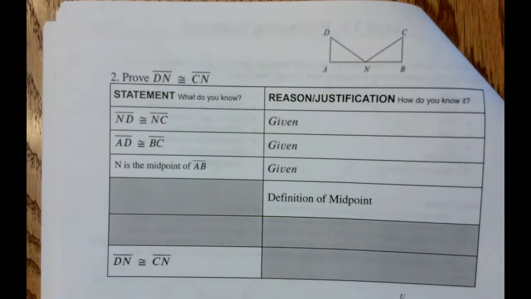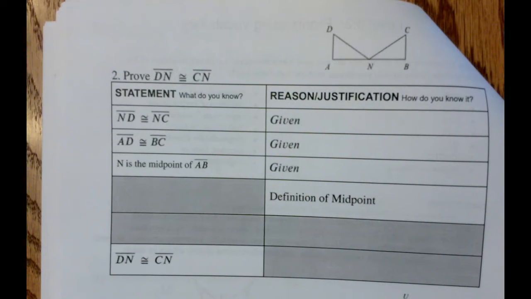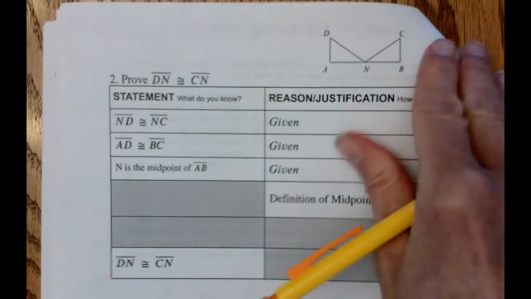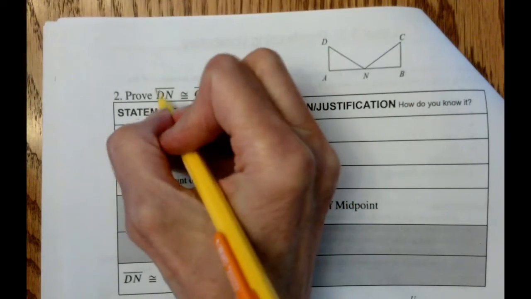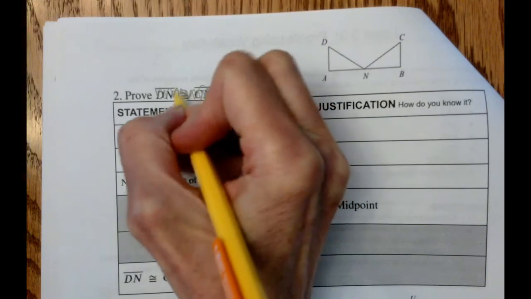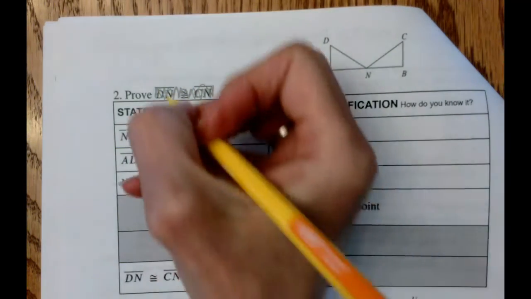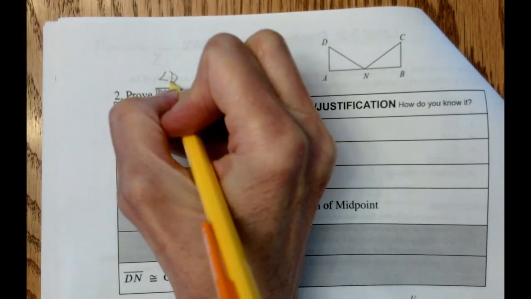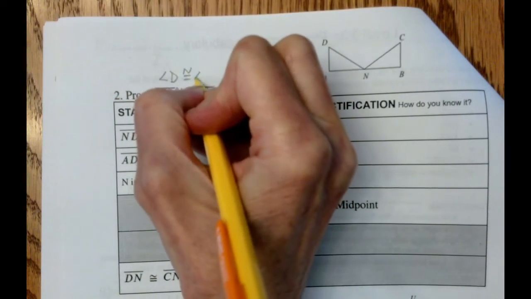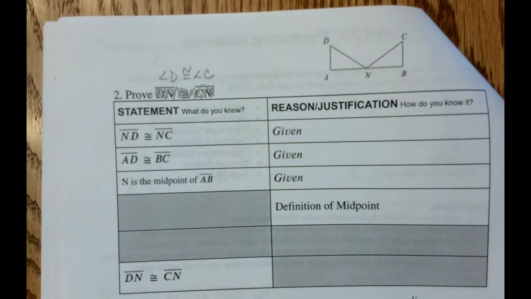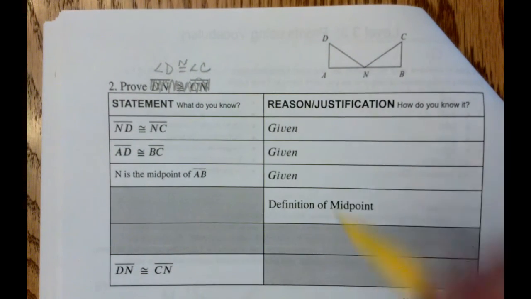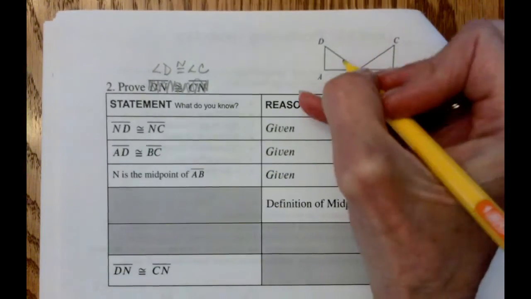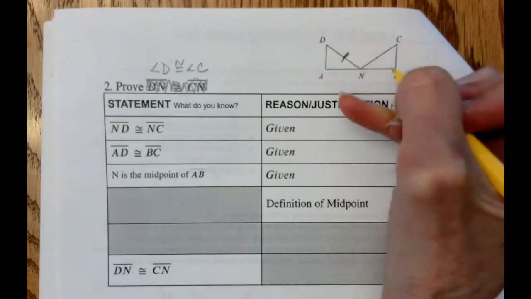We want to prove that segment DN is congruent to segment CN, and we're given some information here. But there's a little bit of an issue on this problem, so let's change this here, and instead, let's prove that angle D is congruent to angle C. And what we've got in this problem is given to us that ND is congruent to NC.